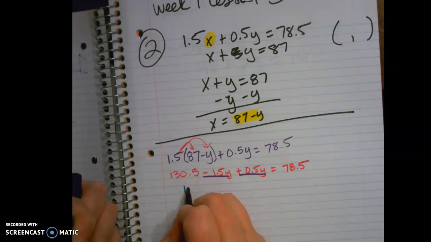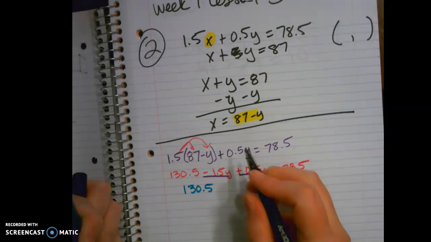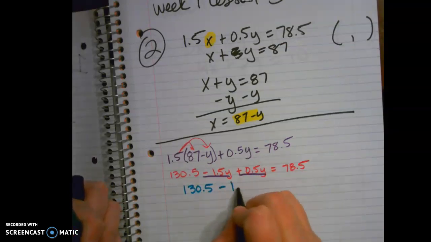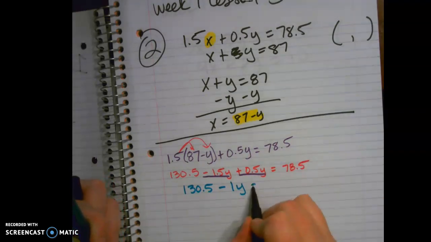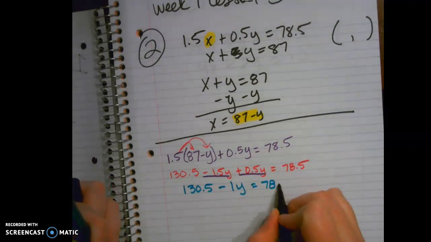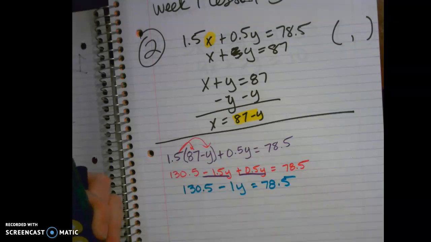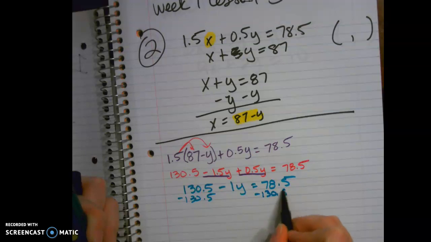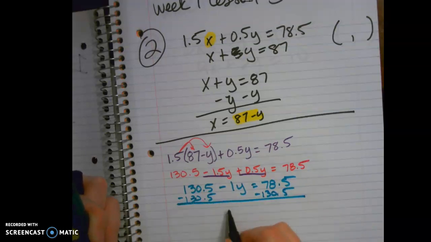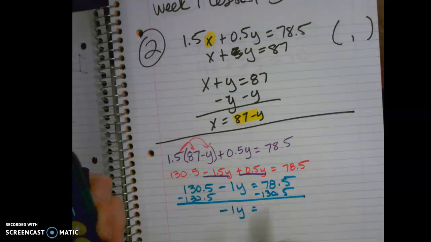So we've got 130.5, that's just a constant, minus 1y, which we could have just left as y, equals 78.5. So great. Now we've just got this number here. We can get rid of it. Minus 130.5. Whoosh. So do I still need the 1 here? Okay, I'll leave it for those of you who like that.